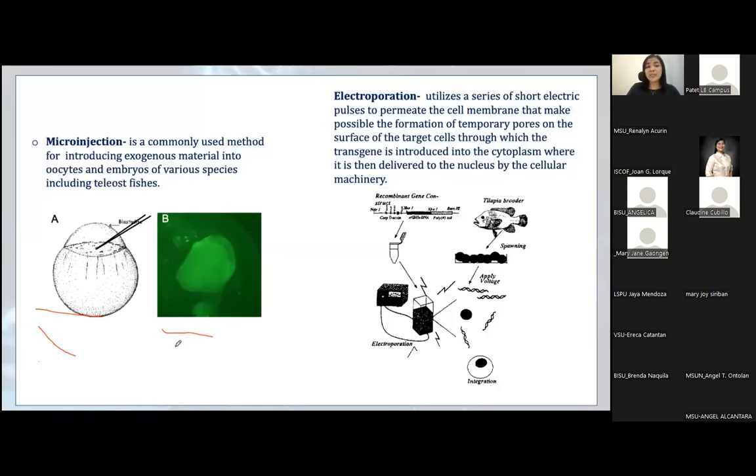Okay. When we say microinjection, class, ito yung itsura niya. Commonly used method for introducing exogenous material into the oocytes, sa egg, and embryos of various species. So, yun siya. Ito yung injection. Ayan siya. Ito naman, class, electroporation, electric. Malalaman nyo, class, na electroporation yung sagot kasi merong sinasabi dyan na short electric pulses.